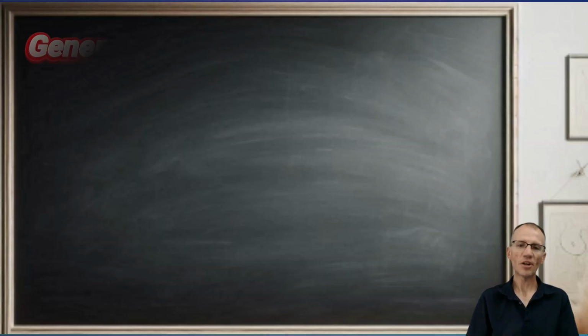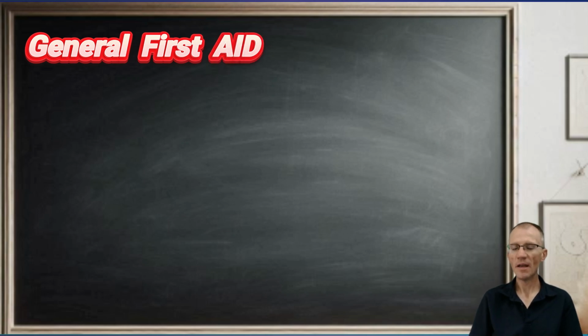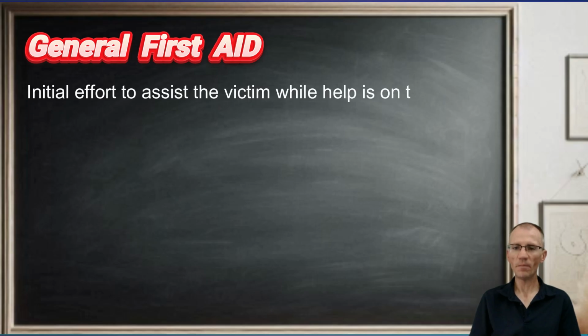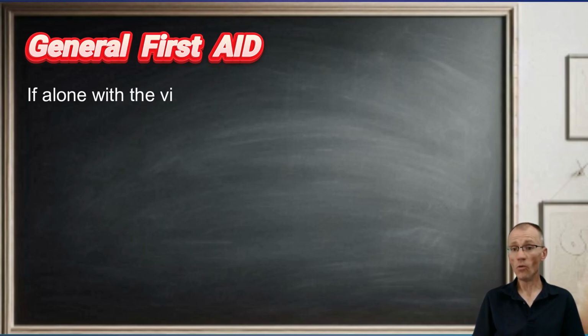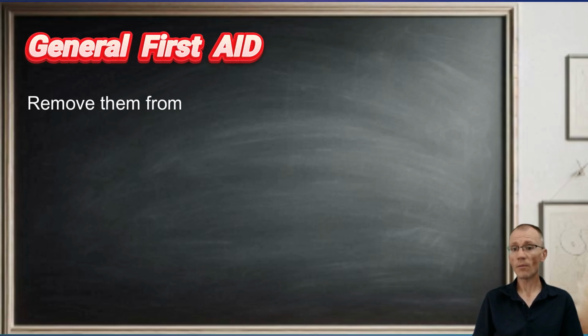When we talk about general first aid, there's some things I want you to remember for real life issues as well as for exam prep. Remember, this is the initial effort to assist the victim while help is on the way. If you're alone with that victim, make sure they're breathing. Next, you're going to want to remove them from the area of exposure.